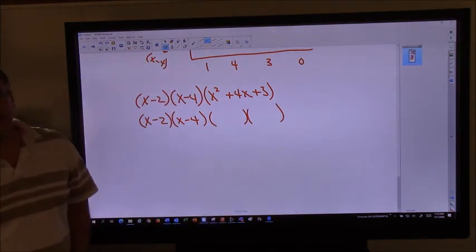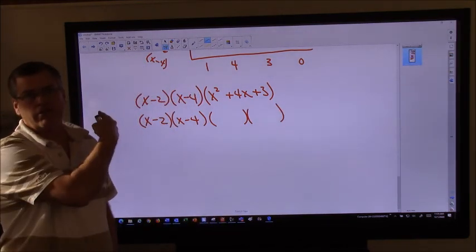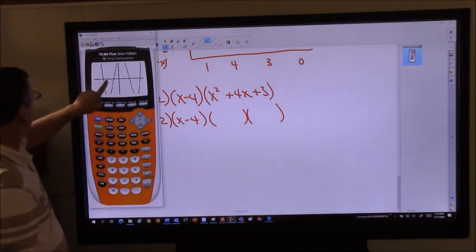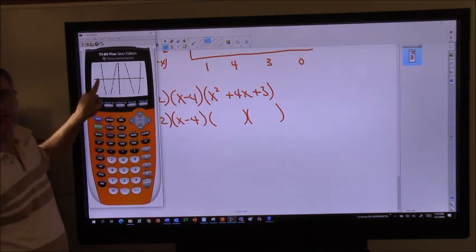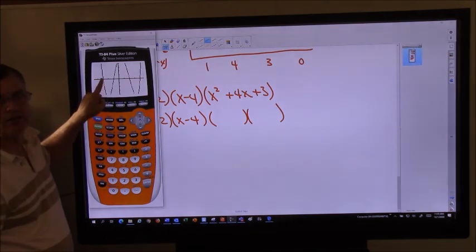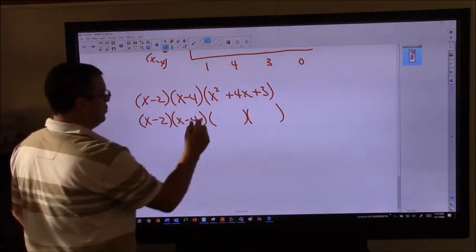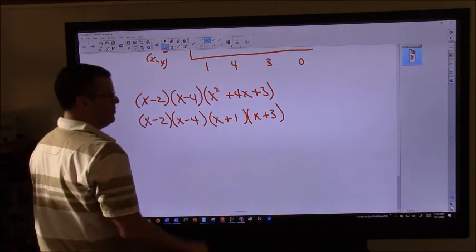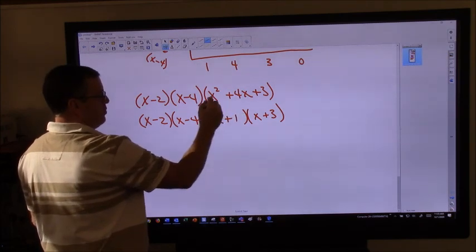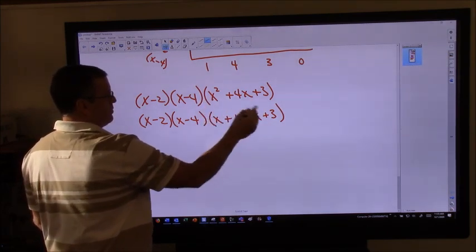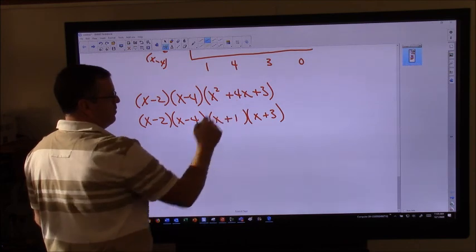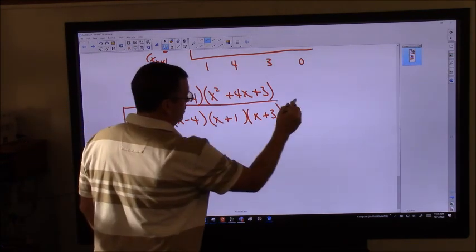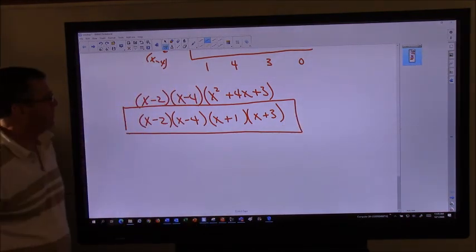I already knew I could factor it farther because I saw where we went through the x-axis on the graph at -1 and at -3. So that means this should be x plus 1 and this should be x plus 3. Let's just double check it. x squared plus 3x plus another x, that's plus 4x, and 1 times 3 is 3. There it is. I have factored that expression.